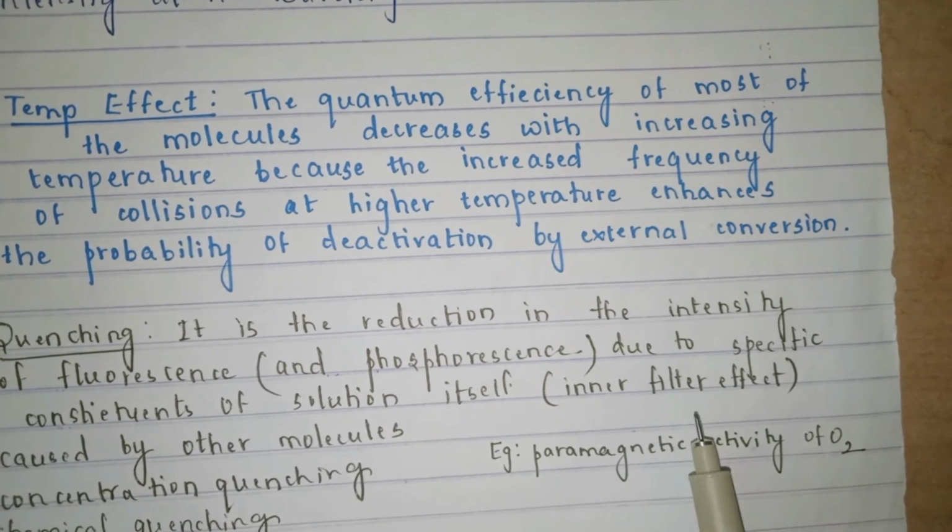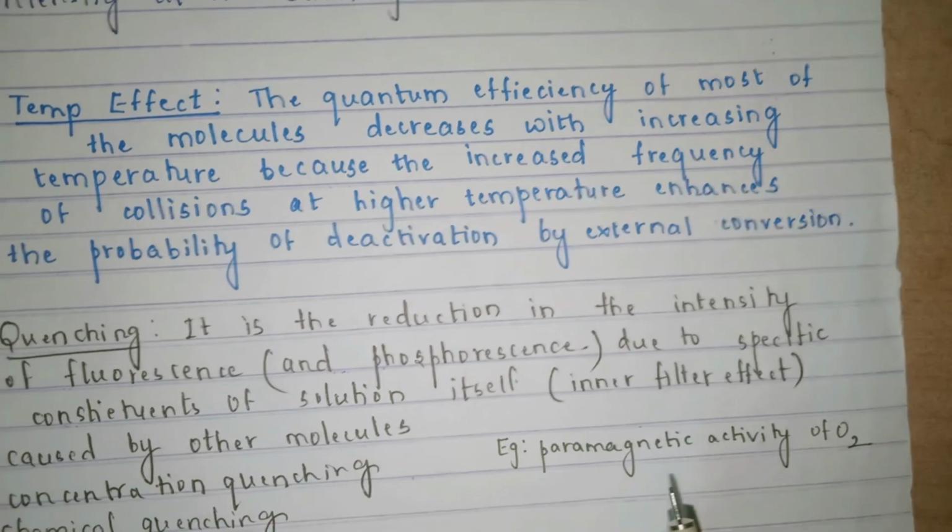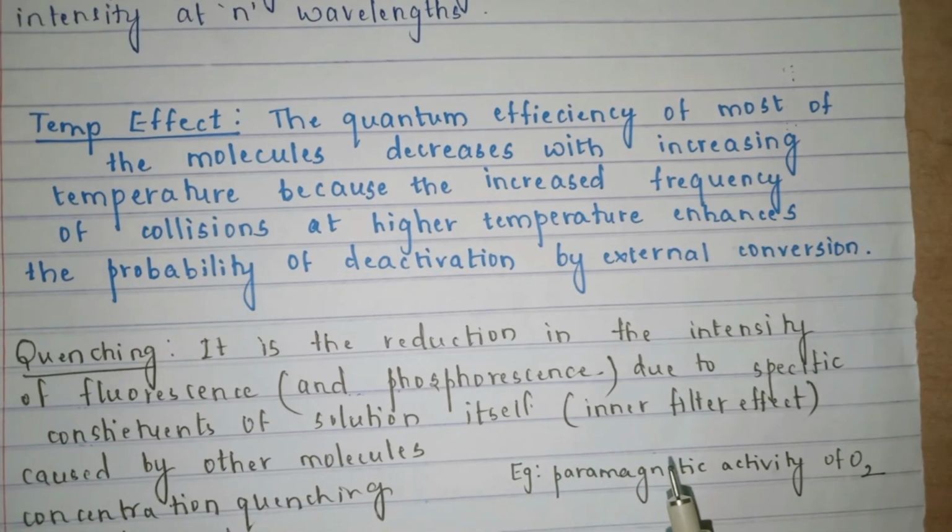That is, higher concentration of the solute system will lead to an inner filter effect. That means lower concentration has to be used if the molecule has to fluoresce or phosphoresce. If I am making use of a stronger solution or a higher concentrated solution, I am going to lead it to an effect called quenching. That means there is a reduction in the emission intensity.